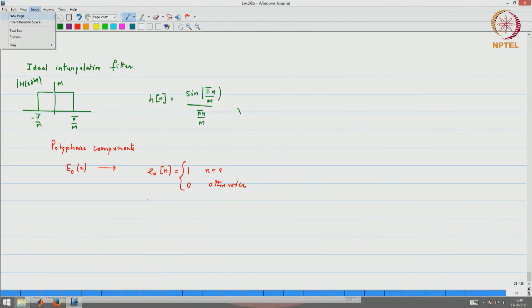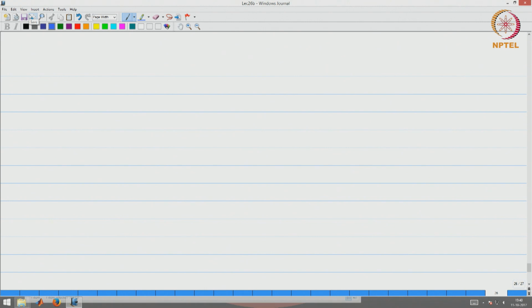Let me just end with one last result for today. Again, this is a very straightforward result. Once we have this in place, we will be able to finish the discussion in the next class. Okay, so let us take an mth band filter. The mth band filter basically says that we have the following condition: 1 over m, sum over k equal to 0 to m minus 1, h naught of z W^k equal to 1, equal to a constant.